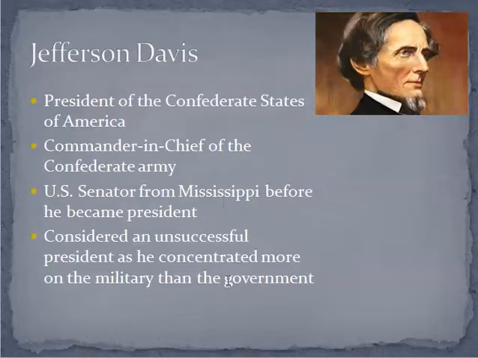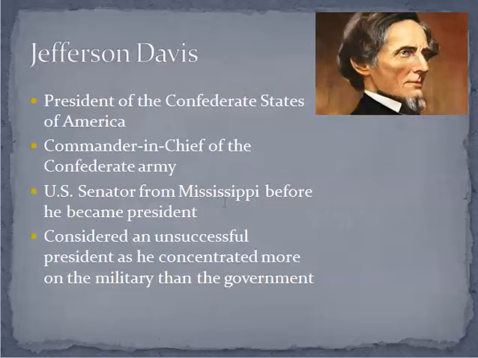Our next character that we're discussing is Jefferson Davis. He is the opposite of Lincoln, as he was the president but for the Confederate States of America. So he was also the commander-in-chief of the Confederate Army, similar to how Lincoln was the commander-in-chief of the Union Army. Now, before he was elected president, he was a senator from the southern state of Mississippi.